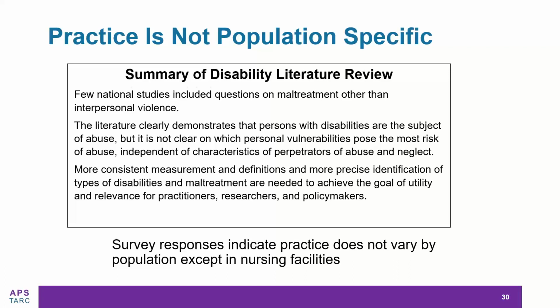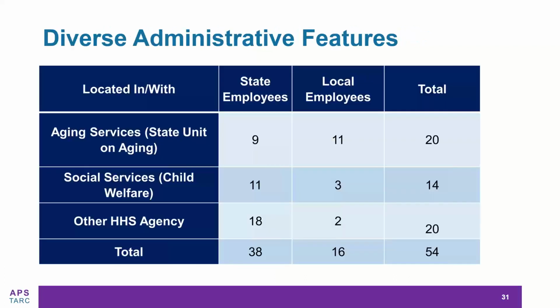And our big takeaway is there's a need for more consistent measurement and definitions and more precise identification of the types of disabilities and maltreatment, so that we can enhance the practice that we have and do better research and make better policy in this area. This is a frontier for more need and more exploration going forward.